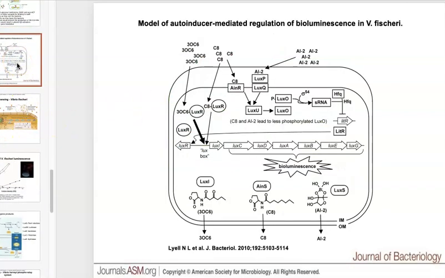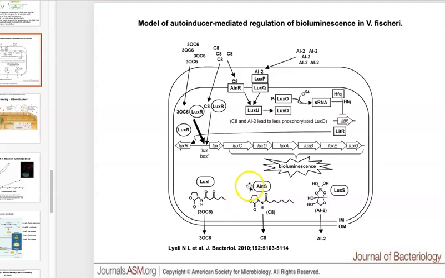This slide is an emphasis on Vibrio fischeri, the parallel quorum sensing systems in fischeri, and they're somewhat similar, at least to cholera and some of the other organisms, but this one is more unique to fischeri. In this case, you have LuxR, the receptor, and LuxI, the autoinducer synthase, which makes the 3-oxo-C6.